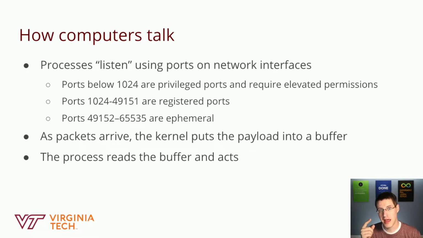Now, the caveat is only one process can listen to any port at any point in time. And what happens is, when the machine receives a packet on the network interface, the kernel looks at it and says, okay, who's registered to receive this packet? And it knows that because the packet has the port number on it.